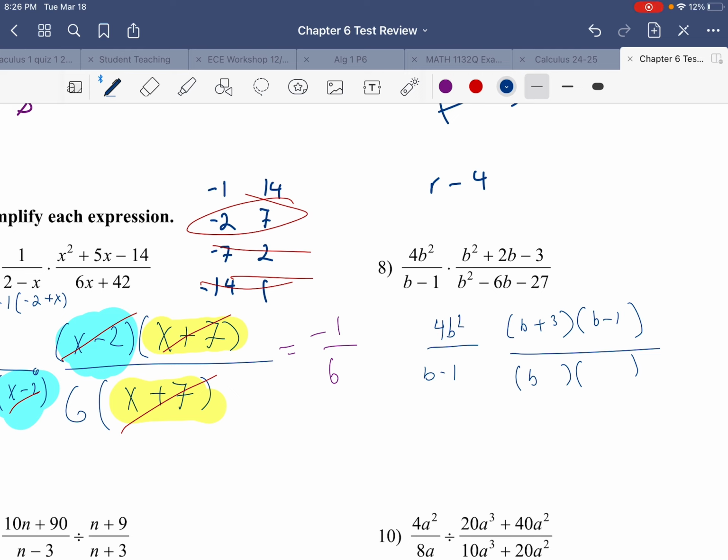and if I'm looking for two numbers that multiply to negative 27 that combine to a negative 6, I know it's going to be b minus and b plus. So factors of 27 would be 1 and 27, 9 and 3. So it's minus 9 plus 3.